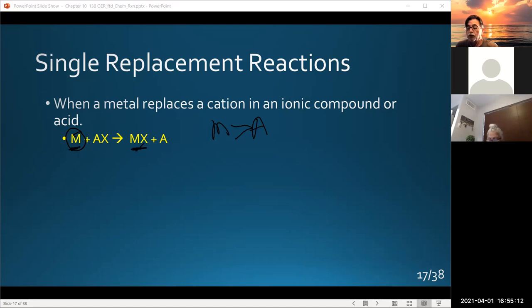So what that infers is that the most reactive metal prefers to be in ionic form. Therefore, if the most reactive metal is not in ionic form, then the reaction proceeds. If the most reactive metal is already in ionic form, then there's no reaction. The way this one is written, M is a lot more reactive than A. M is not in ionic form, so the reaction proceeds as written. We'll give you some specific examples in a second.